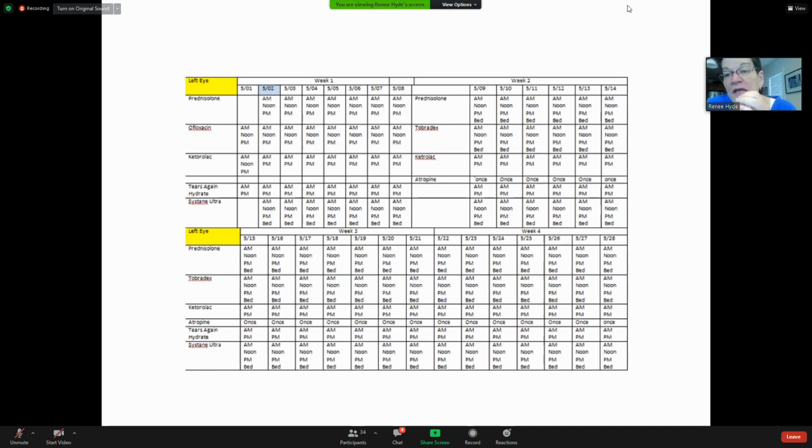What had happened is that fragment had blocked the outflow of my aqueous humor, and it was causing pressure and pushing on my retina. So they gave me medications to decrease my intraocular pressure and said, I need you to drive up to this address and I need you to see a retina specialist.